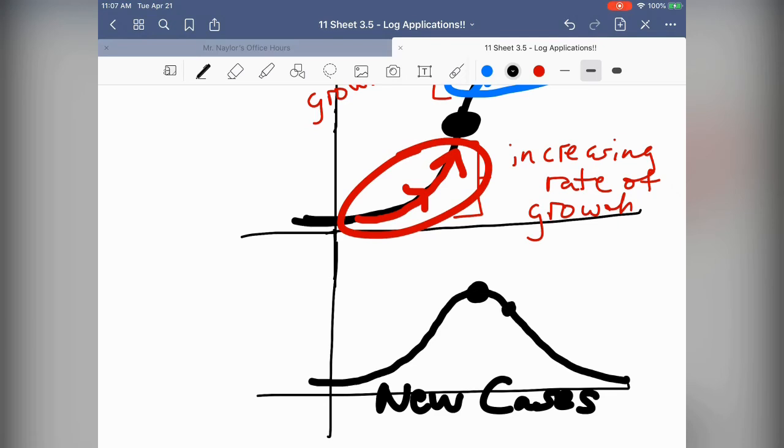Now, I still had new cases, but those new cases each day became less and less until eventually we reach a different limiting value, and that of course is the limiting value of 0 that we all anticipate when there will be no more new cases.